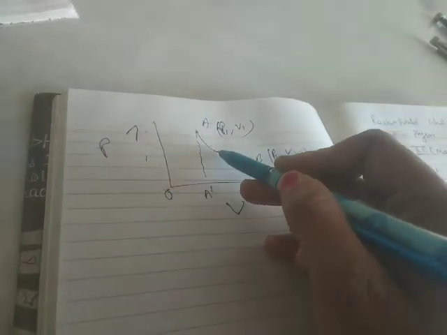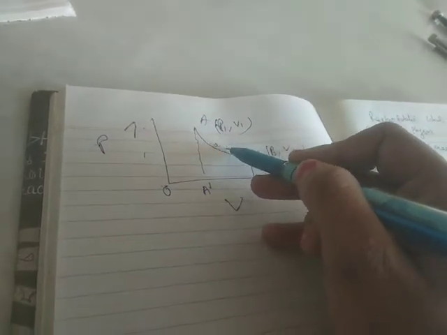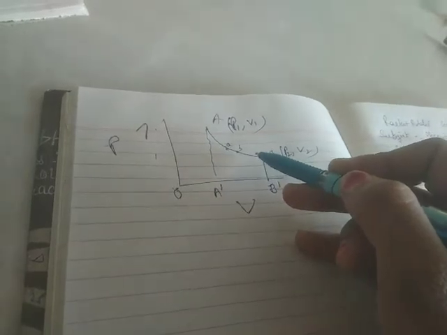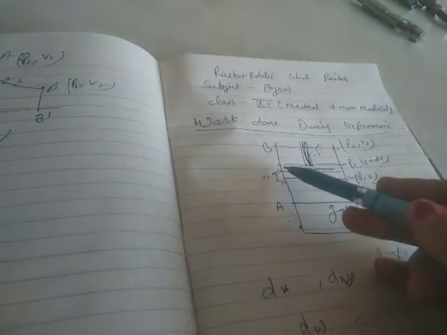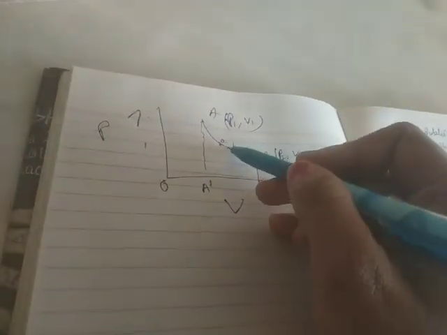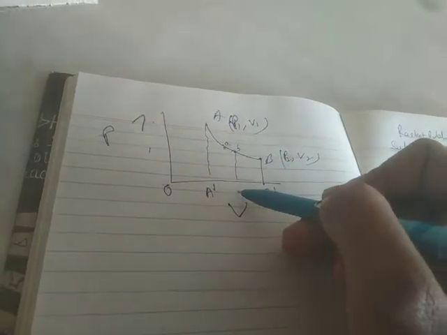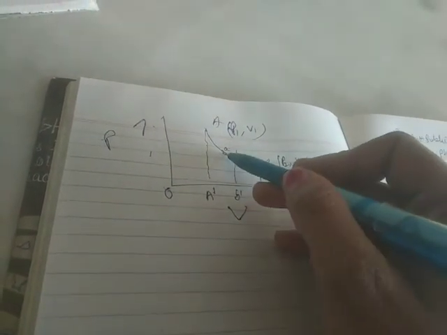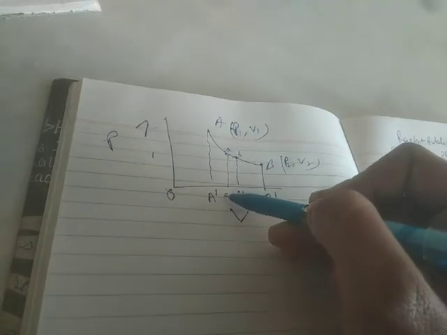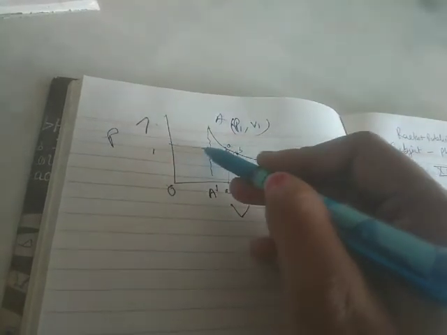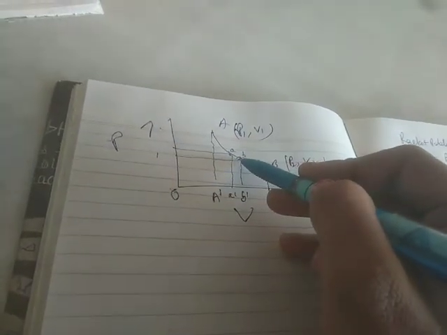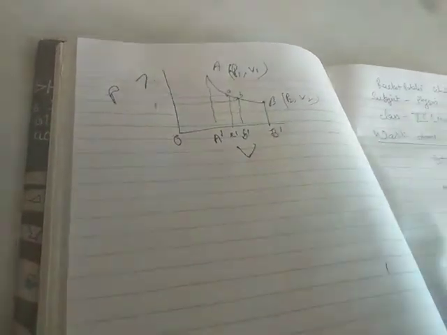Clear? In between we are taking two points A and B. Similarly here we have taken A dash and B dash.